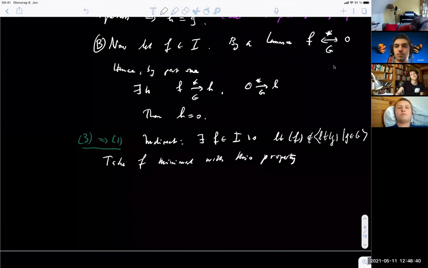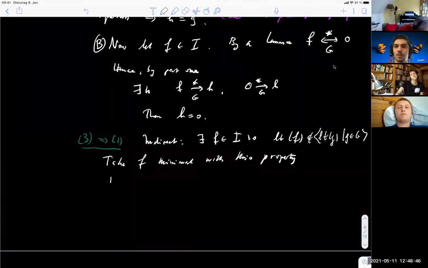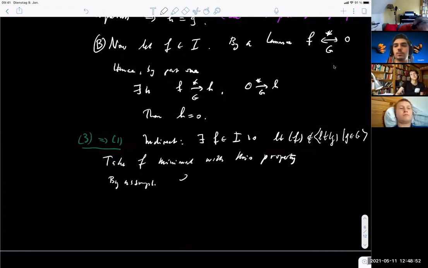But by assumption, F is in the ideal, so I can reduce it to 0. Now we see the problem.